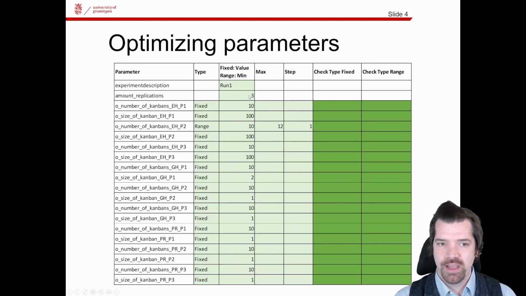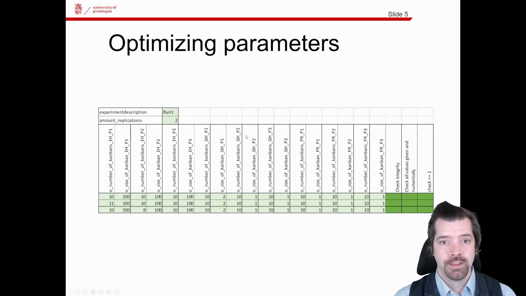You can change that amount to an arbitrary number, so you can change it to 10 or 100, but please keep in mind the simulation time is now, compared to the other models I have introduced so far, much longer.